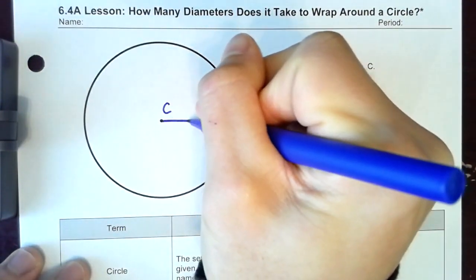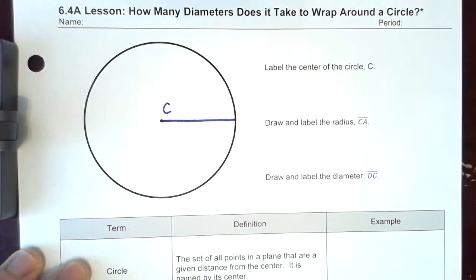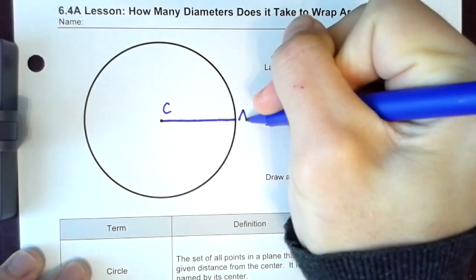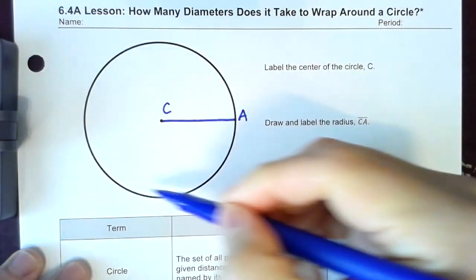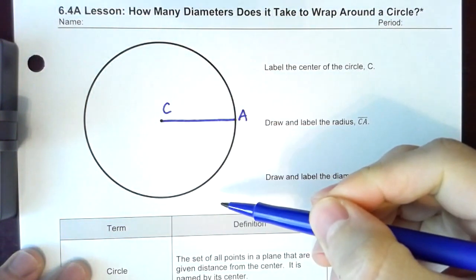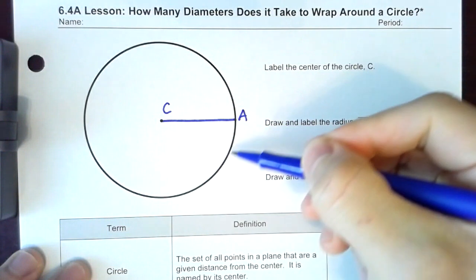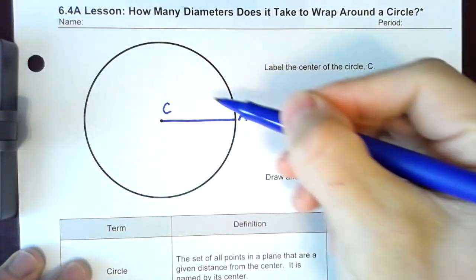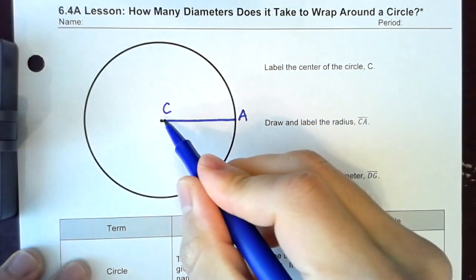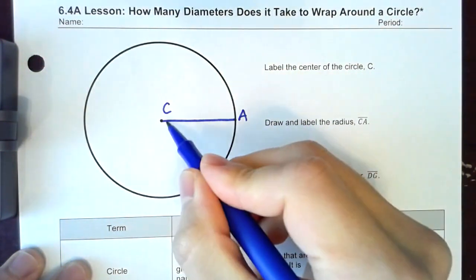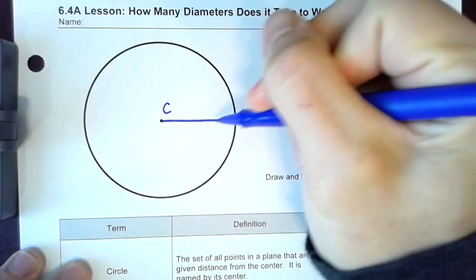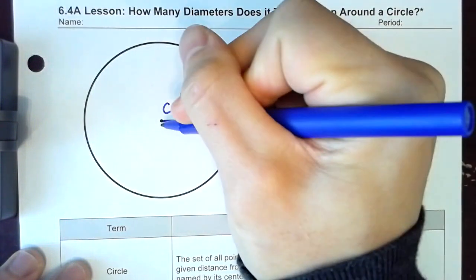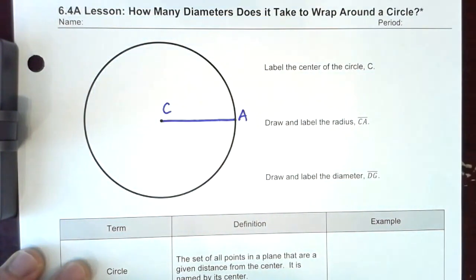Typically you see that a radius is drawn like this, and a circle basically is just a set of unlimited points that have the same distance from a center. This same distance is called the radius, and a circle technically has an infinite amount of radiuses, or radii.